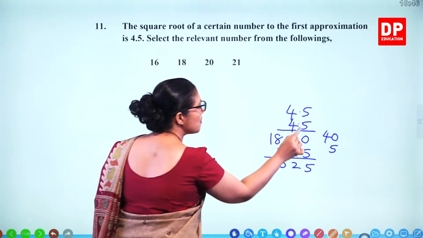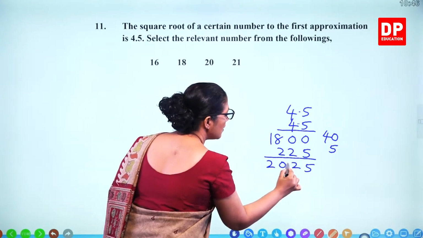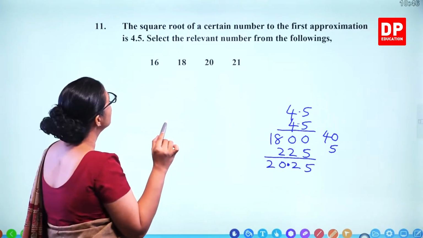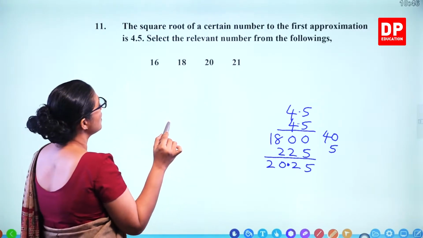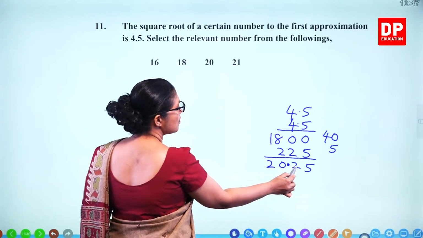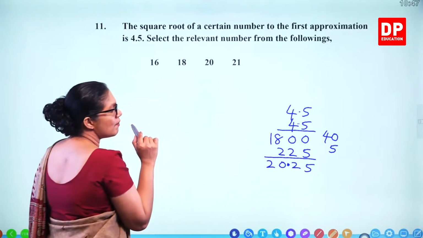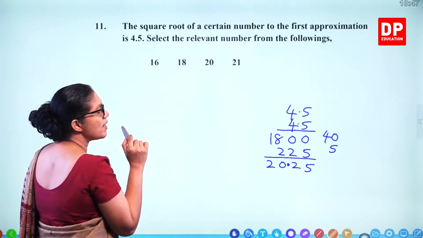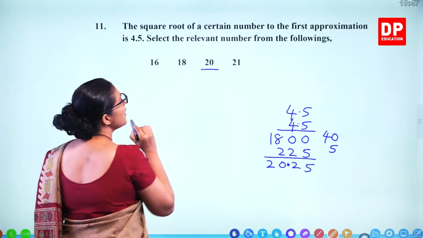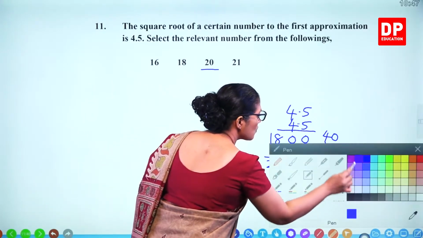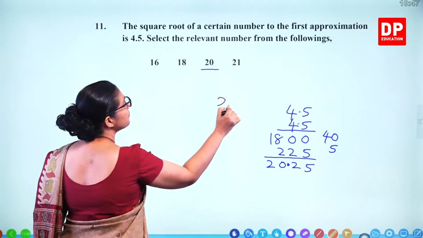So keep 2 decimal places. 20.25. So which one is closer? Not 21. This 2 is in the first decimal place. So 20 is the closest value. So 2 marks for that.